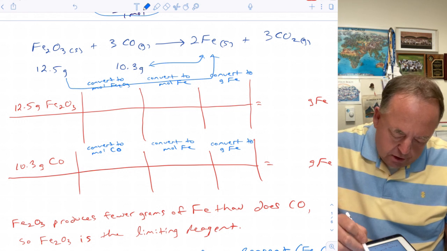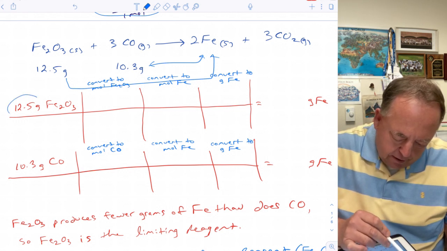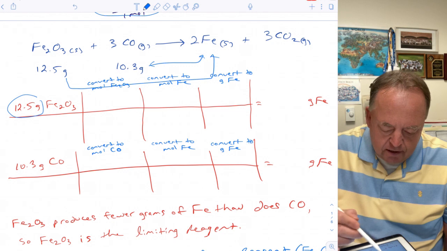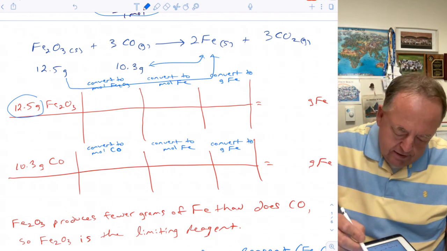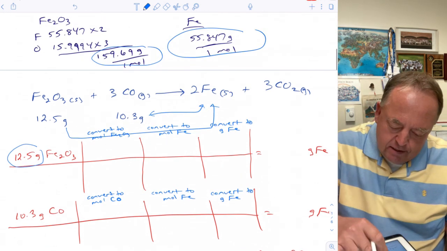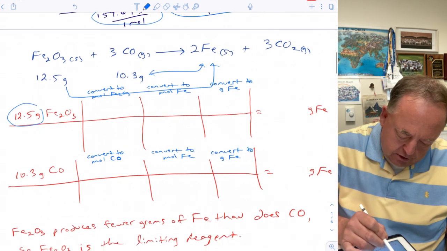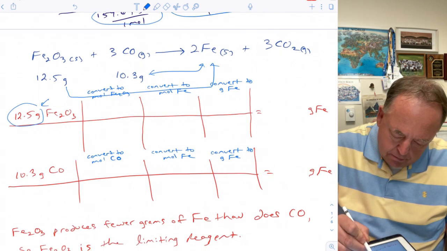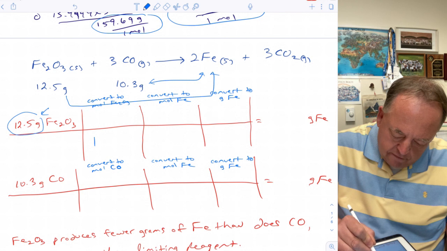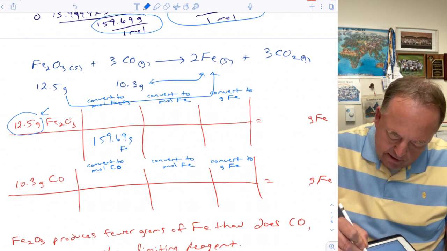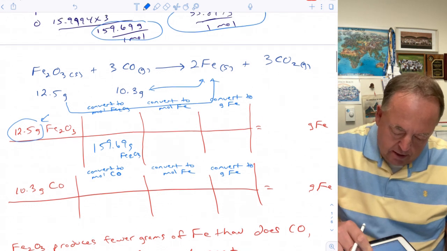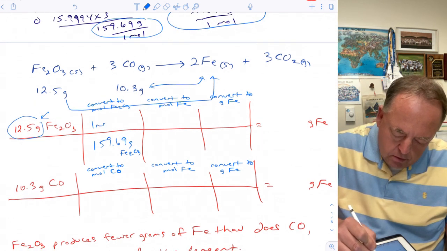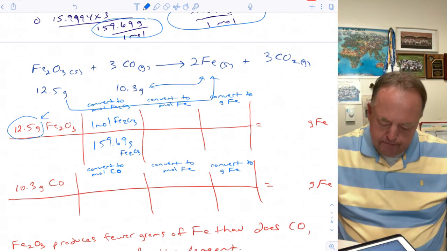Okay, so first thing we're going to do is take this 12.5 grams of iron 3 oxide and convert it to moles. We're going to use the molar mass to do that. Since grams are on top here, we need grams on the bottom, so we need the 159.69 grams of Fe2O3 on the bottom, and then we need the 1 mole of Fe2O3 on top.